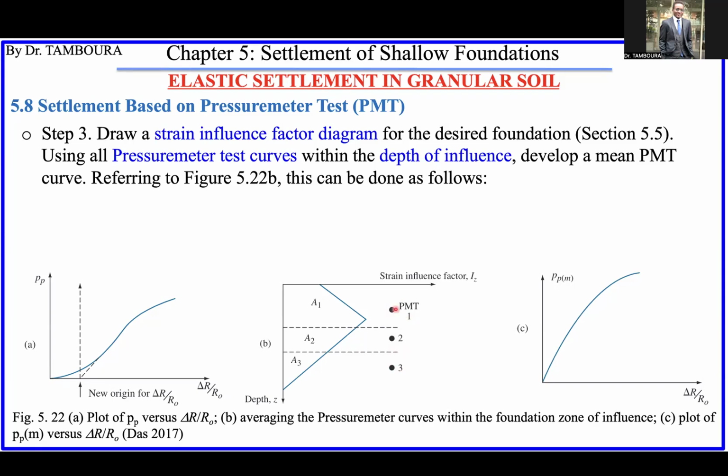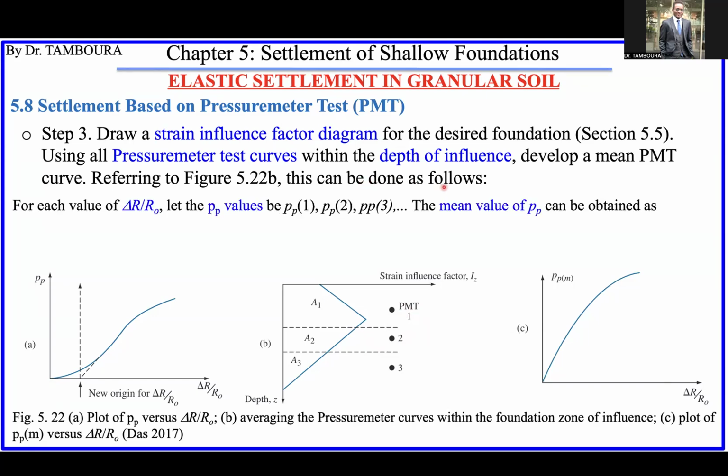Then you will try to get the average. Remember, for each point here you will get this kind of curve, because it is pressure versus volume change or radius change. So you will get the average, and the way to do this averaging is like this.